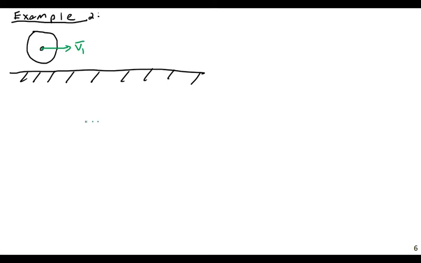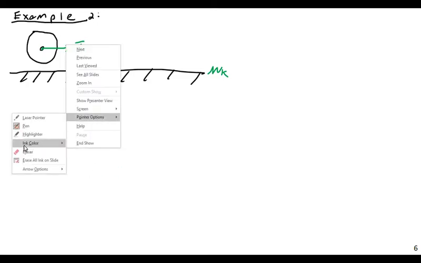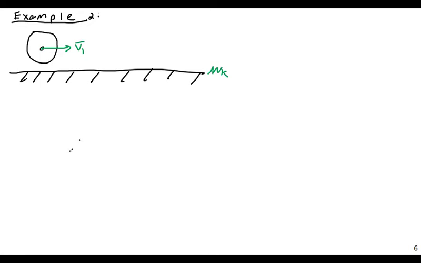But it's not frictionless. The ground has a coefficient of kinetic friction, mu kinetic, between it and the ball. And so again, this thing is going to have a mass m and radius r.